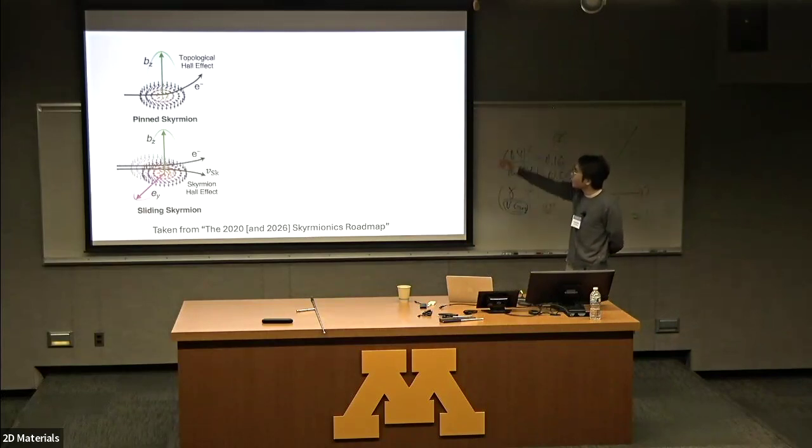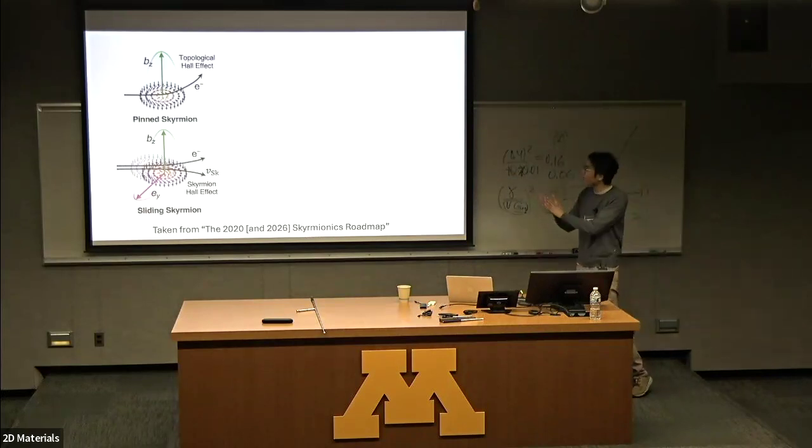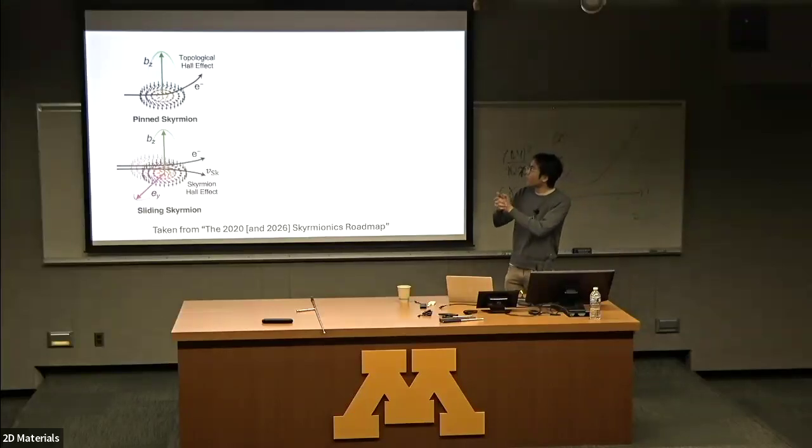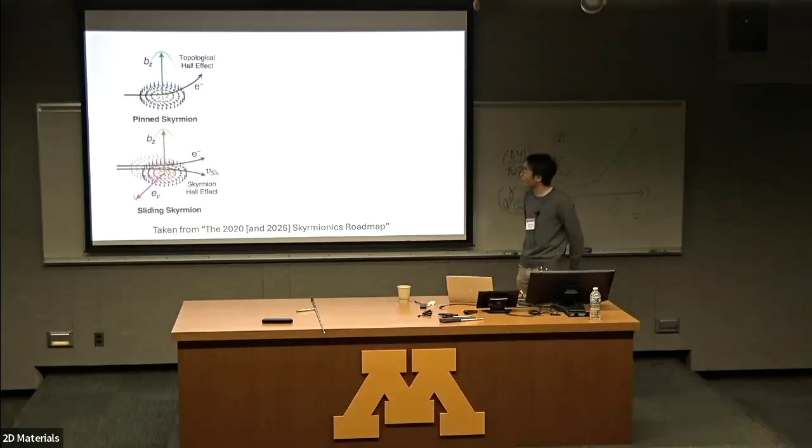The first is the so-called topological Hall effect, where if you have a skyrmion that's pinned in place and you try to move an electron on top of it, the spatially varying spin field means that if the electron locally aligns its spin to the background skyrmion texture, it picks up a Berry phase from this background spin texture. That is felt by the electron as a magnetic field, through the Aharonov-Bohm effect, basically. That's what people call the topological Hall effect. If the skyrmion is not pinned, then you can drive a current, and the skyrmion actually moves in response to that current.